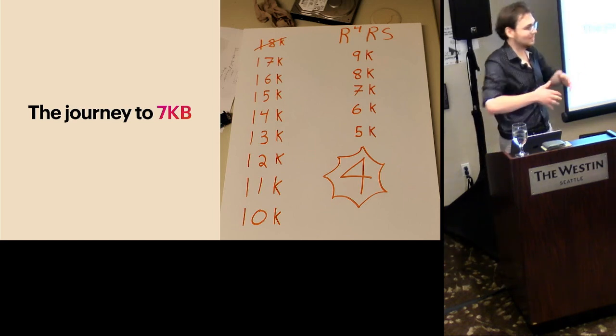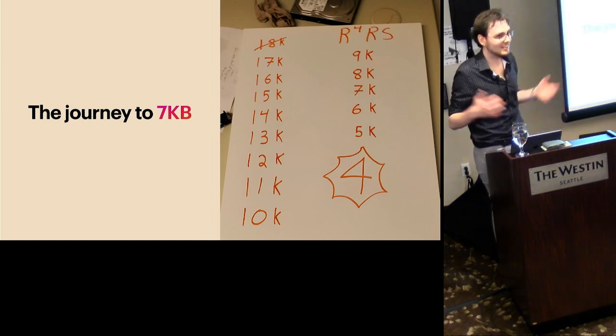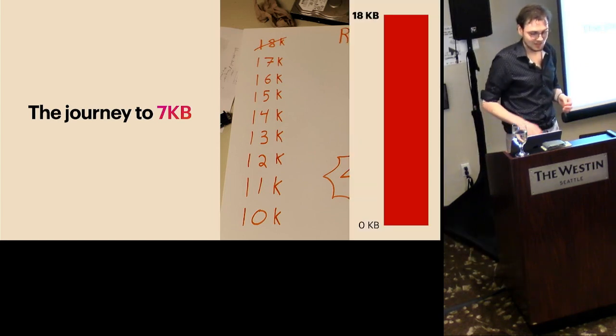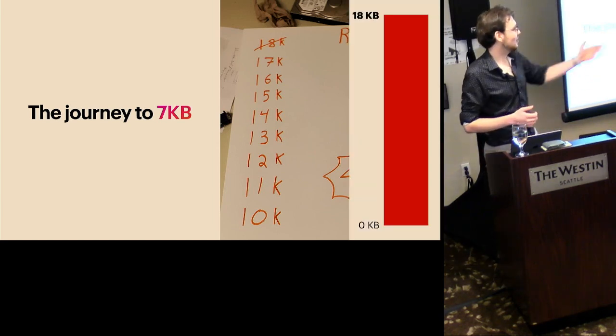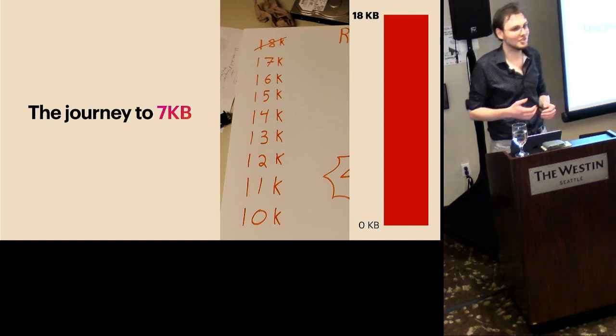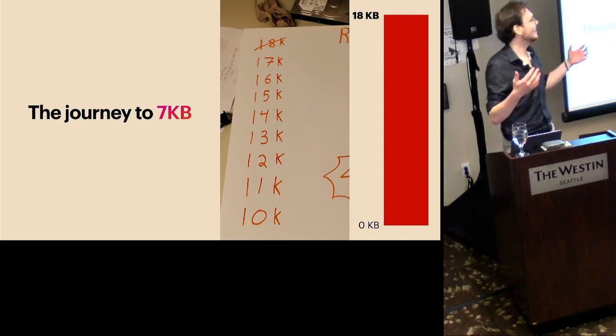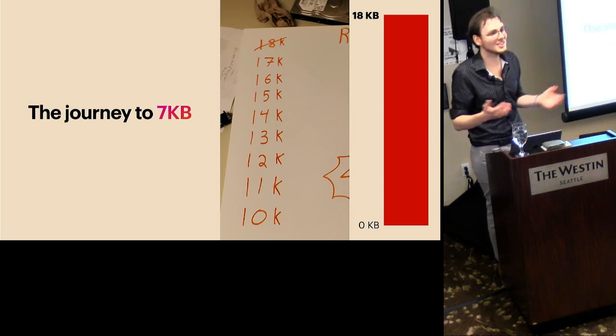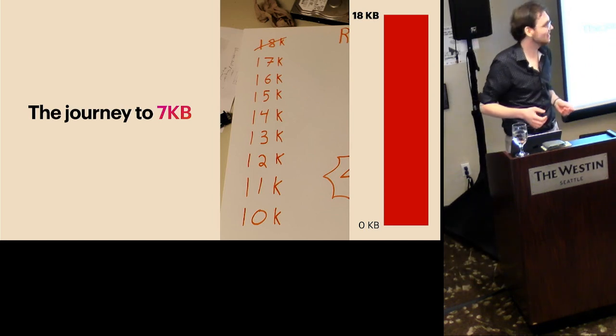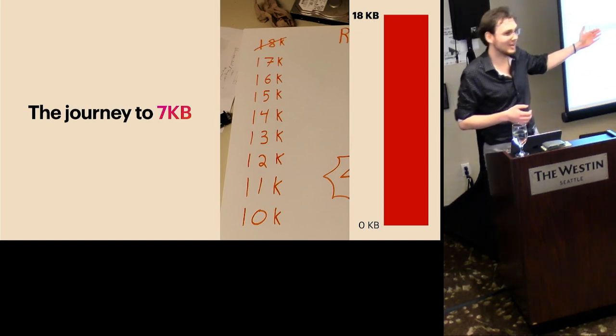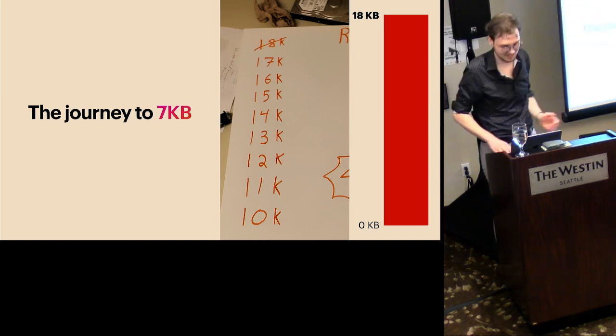We used a lot of techniques to shrink it down. For the rest of the presentation, I'm going to use a scale to show you how many kilobytes we saved with each technique. As you can see from the photo, we started at 18K.